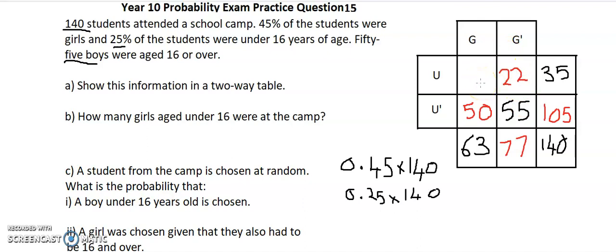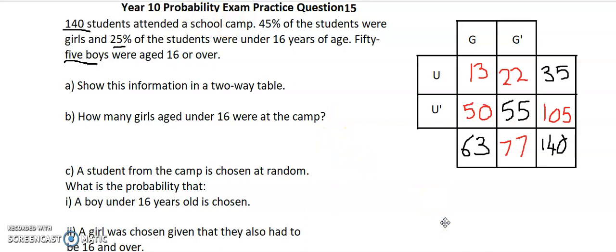And finally, 63 take away 50 is 13, and I can double check. 13 plus 22 should equal 35, which it does. So I've got my two-way table here.